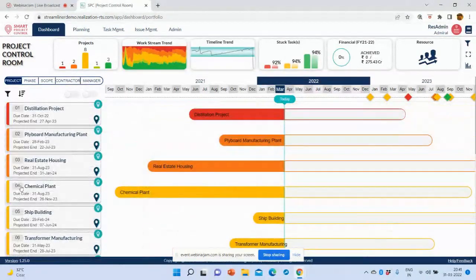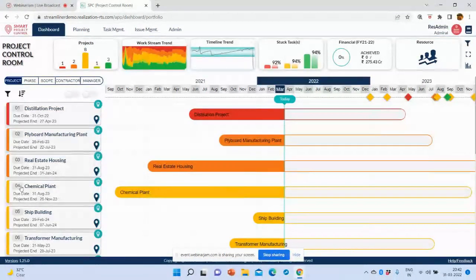What red typically means is that the due date is 31st August 22, and the system is projecting it's going to end on 27th April 23. Because the gap is so big, the system is trying to tell you that this has gone too far out, and it is probably very difficult to complete within the given due date, so it's turning red.